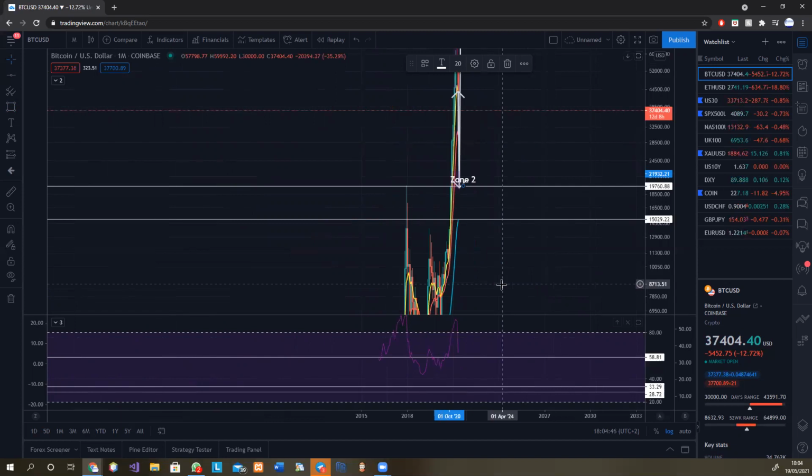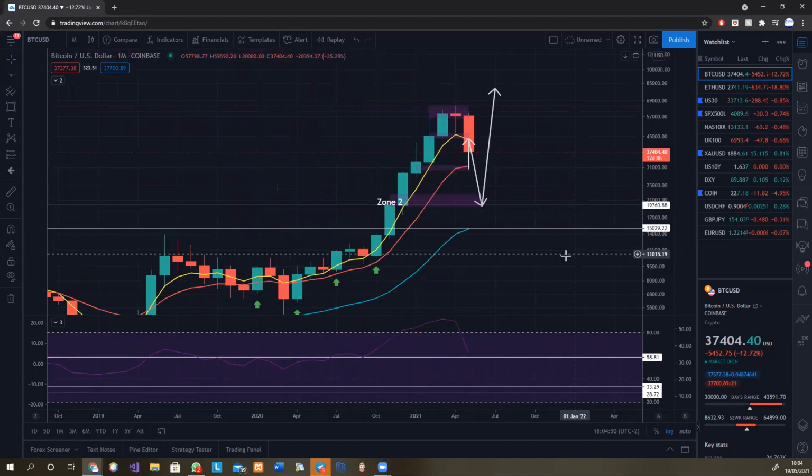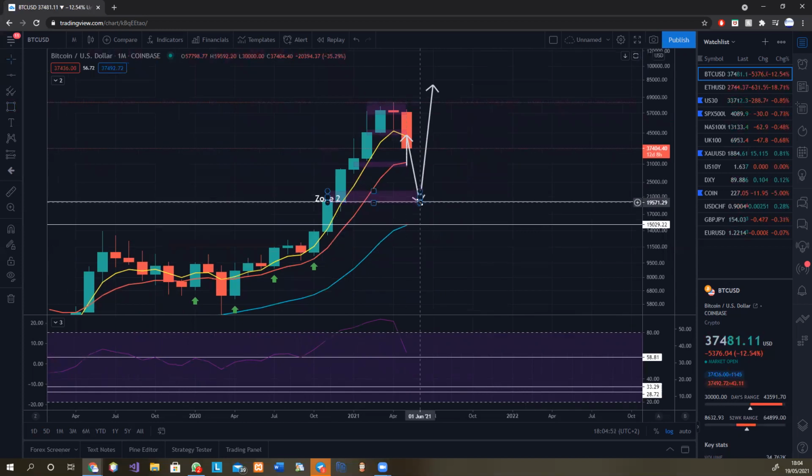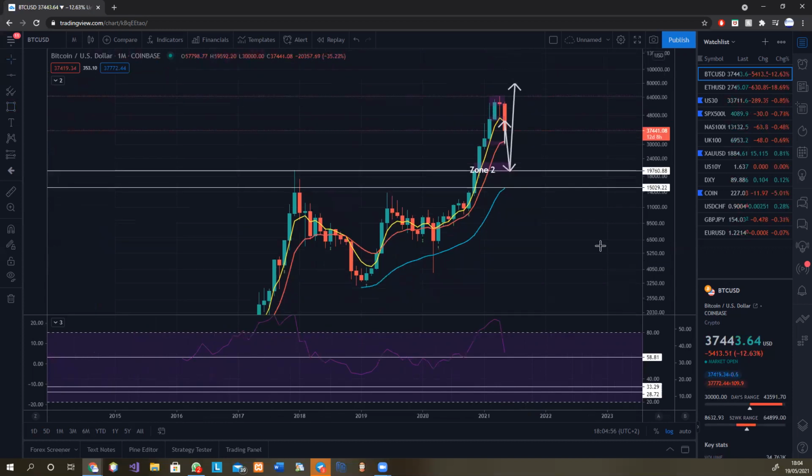If it gets here, we get into the second entry. We get into our second huge investment, right? And the last will be this, which we see, 15,000.